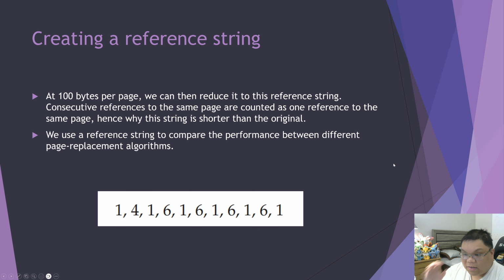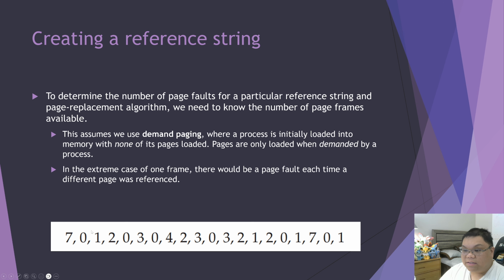So when we condense down our reference string like this, we have this much shorter sequence of page numbers. What we're doing here is counting how many page faults occur, and we're going to do that by using this reference string. We are making one other assumption here, and that is, when we load a program, none of the pages are loaded into memory.